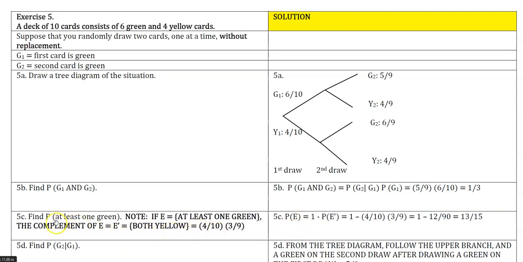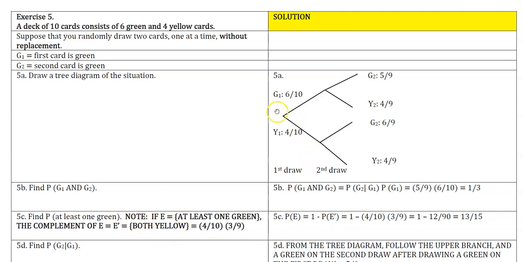What's the probability of at least 1 green in the 2 draws? Well, let's do it this way. Let's define the complementary event, E prime. The complementary event of at least 1 green would be none of them are green, right? That is, they're both yellow.